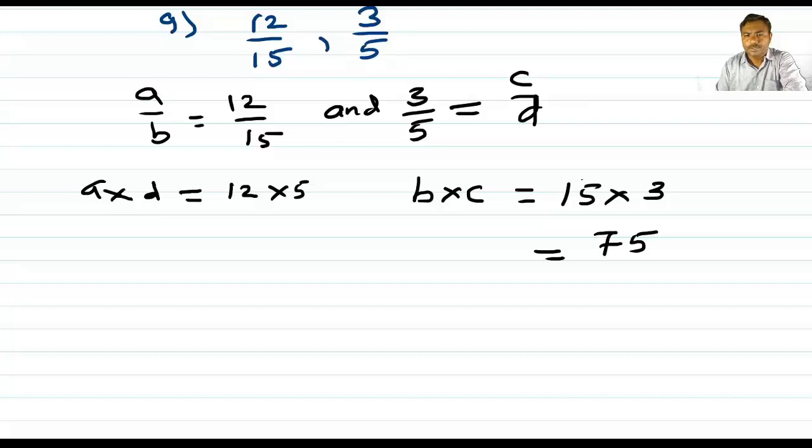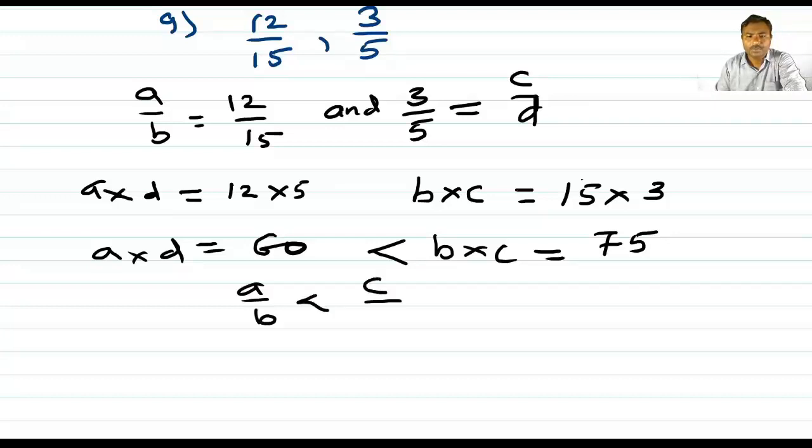We get 45. Here A multiplied by D is equal to 12 multiplied by 5 is equal to 60. We know that 60 is greater than 45. Therefore, A multiplied by D is equal to 60, greater than B multiplied by C, means A upon B is greater than C upon D. 12 upon 15 is greater than 3 upon 5.